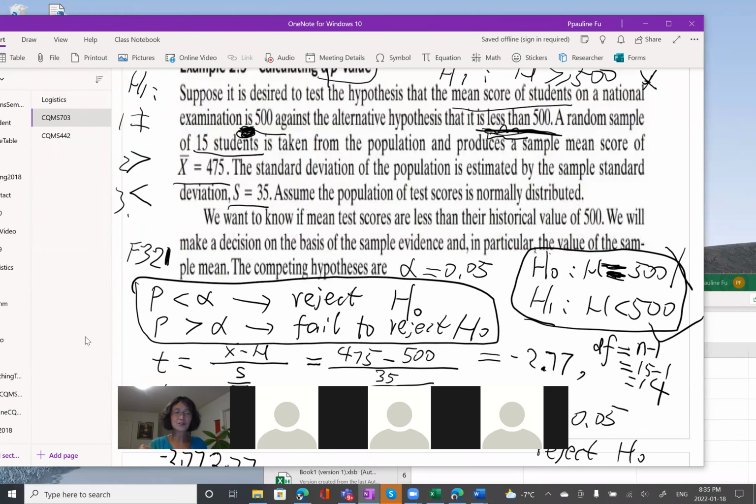When the p-value is smaller than alpha, you reject H0. When the p-value is greater than alpha, you fail to reject H0. Our example shows the p-value is smaller than alpha. We reject H0 in favor of H1. Finally, we conclude the population average is smaller than 500.